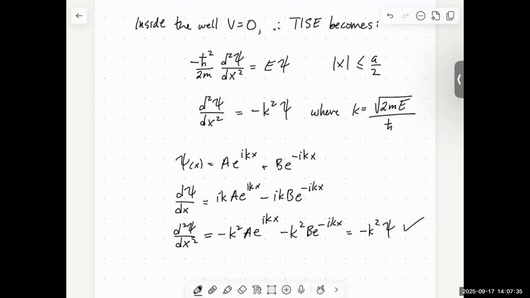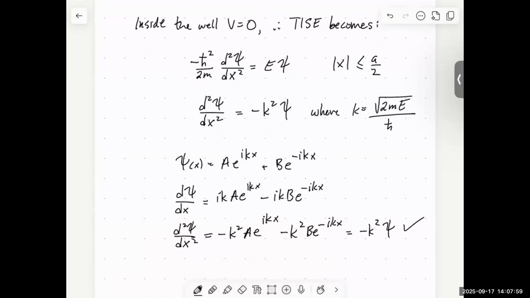So what we have is two unknown constants. Well, in fact, maybe even three. We have a k, which we've written in terms of this stuff, but really one of the things we're after is finding E, so we don't have E yet. And we have this a and b.